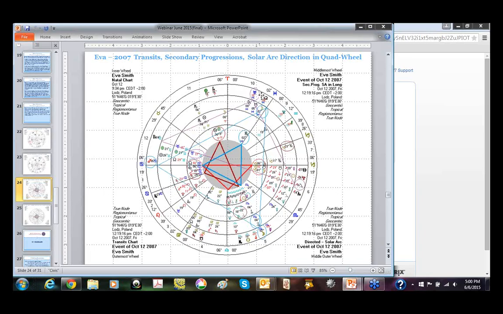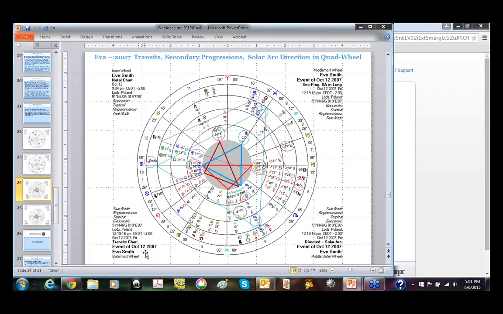So we have the natal is always the inner wheel, the progressed is always the second wheel, and the solar arc is always the third wheel. The last wheel are the transits at the time. It's called the event. So what we have here, if you look at the bottom, you'll see that the transits were October 12th, 2007. So that became a solar return for me on my birthday in 2007.